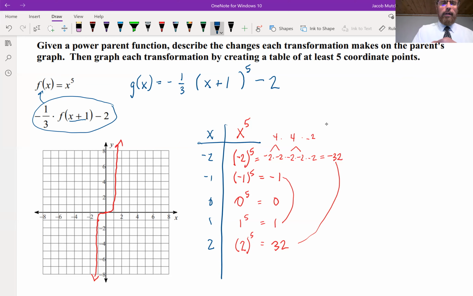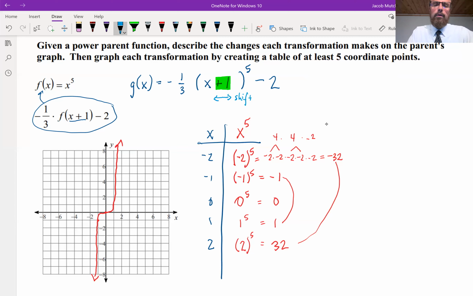So from there, what I want to do is say, what are these pieces changing to that red graph? I'm going to start on the inside of the function. When I add 1 there, remember from previous transformation work, that value, if it's added or subtracted to the x within the function, inside the parentheses, is a horizontal shift. So I'll do a left-right arrow and say that's a shift.